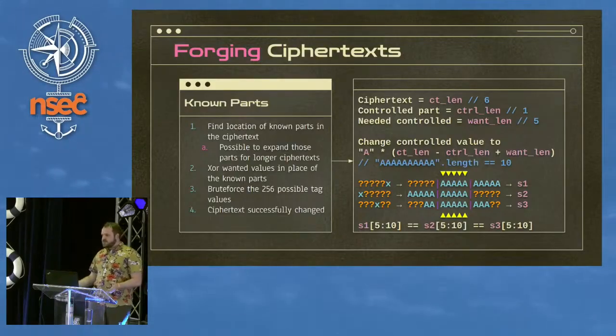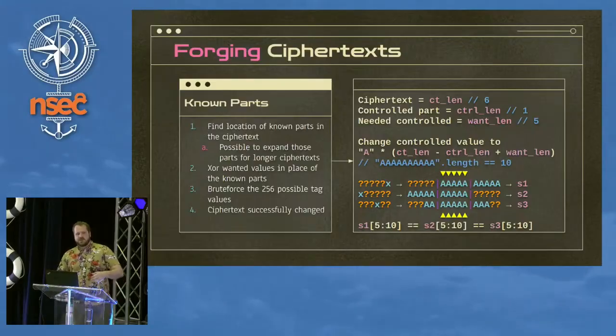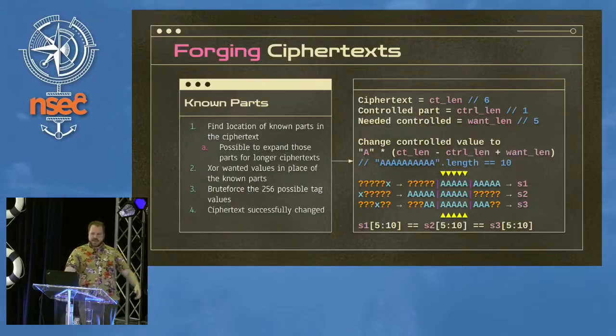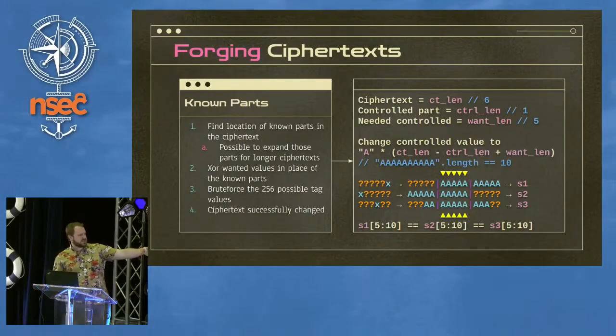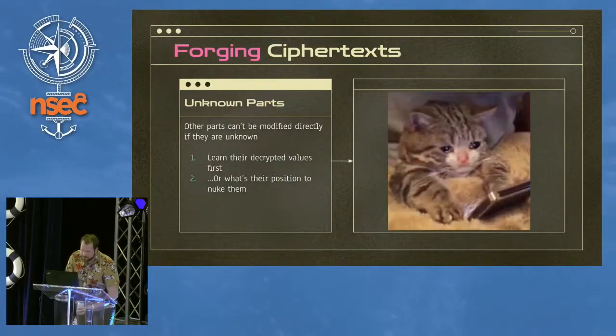One will match, and then imagine a web server, right? You're sending your cookie, it says you're not authenticated, and then you're trying another tag, you're not authenticated. You try that over and over again, at some point it's going to say, hey, that's a valid cookie. And then, well, it means your ciphertext successfully changed and the tag is valid. That's how you would brute force that tag.